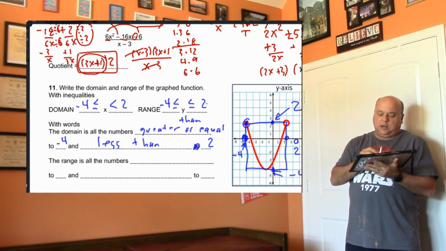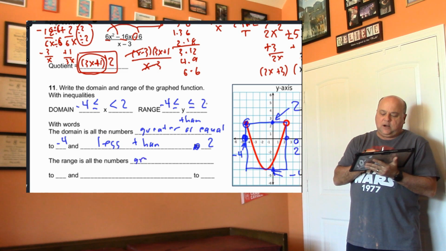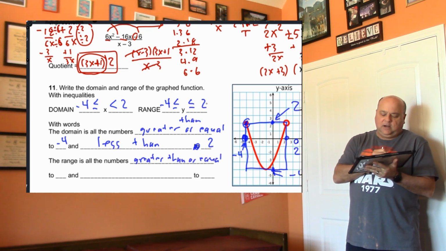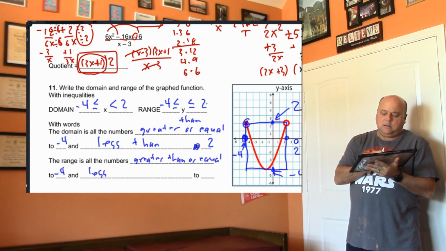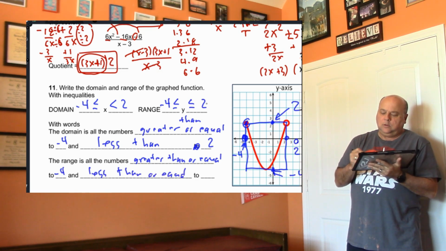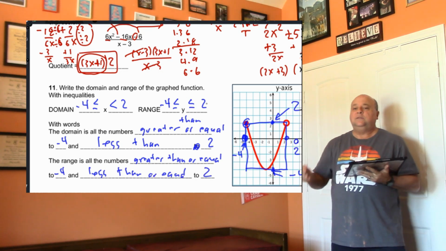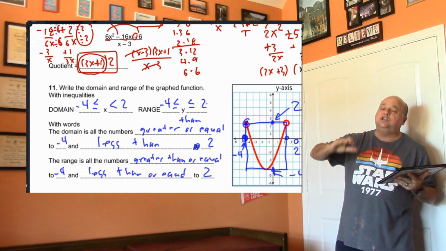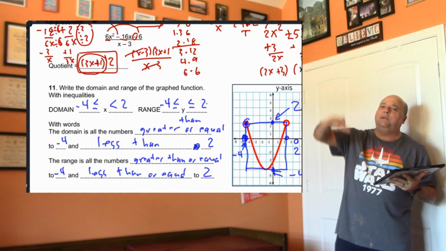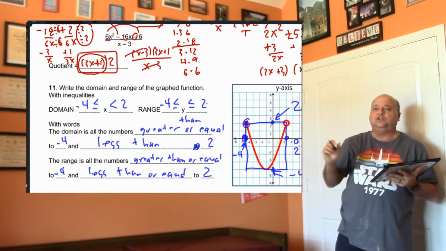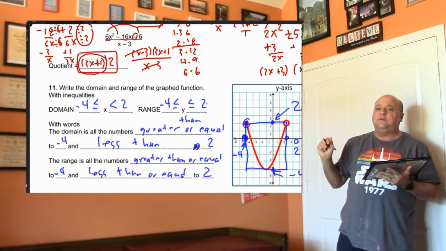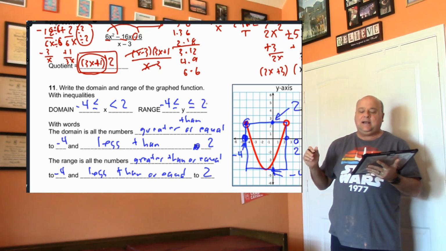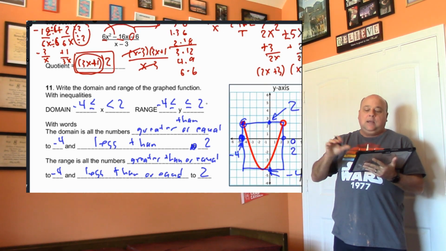Okay, the range is going to be all the numbers greater than or equal to -4 and less than or equal to +2. This is just saying to someone the range goes, the lowest, it has to be more than -4, it has to be less than 2. The domain has to go from -4 to 2 also, but it cannot equal 2, okay?